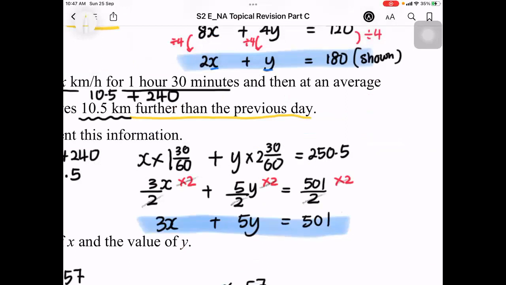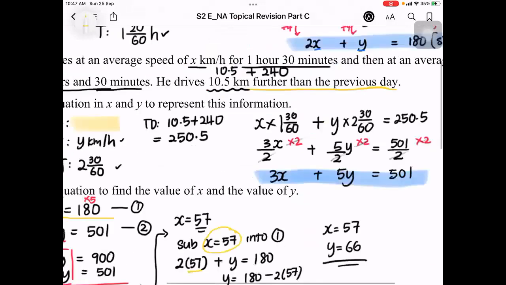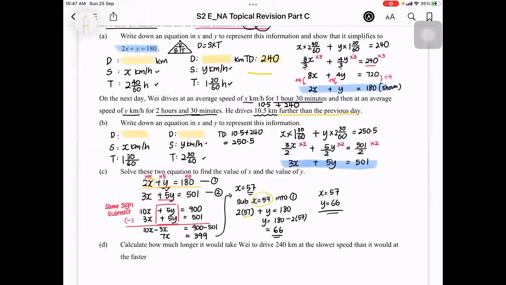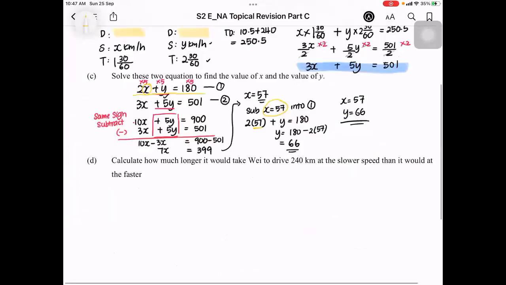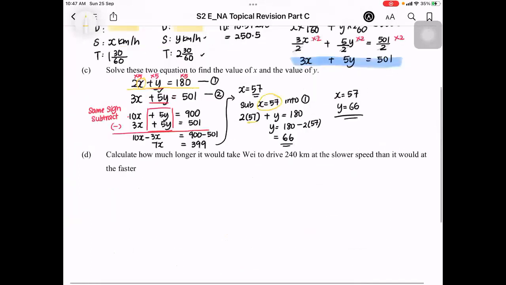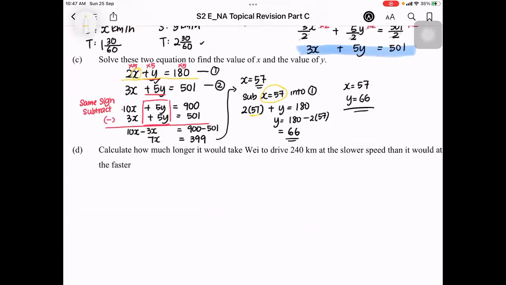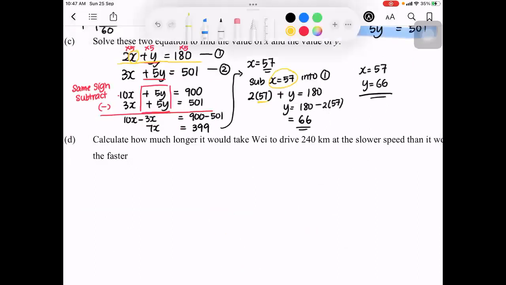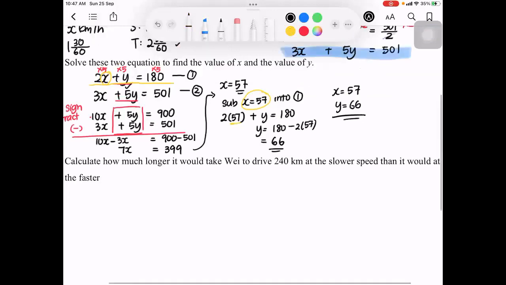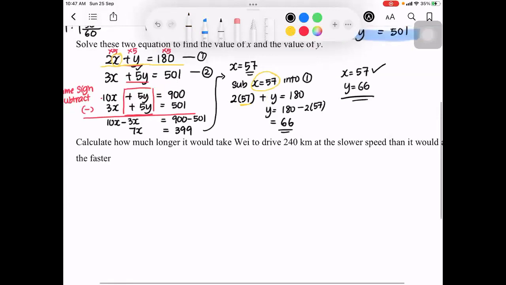Okay. The whole question is related. Part A, B, C, D. So it's all related. Then calculate how much longer it is to drive 240 at a slower speed than at the faster speed. Which one is the slower speed? Oh, the slower speed is 57. So time taken: 240 over 57.